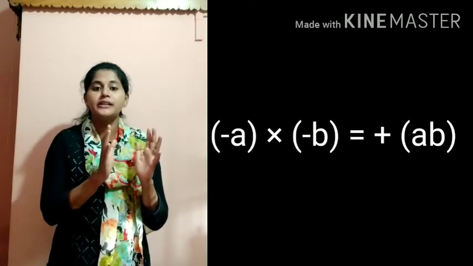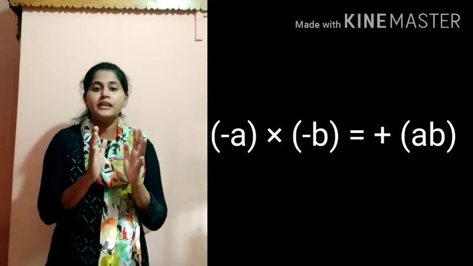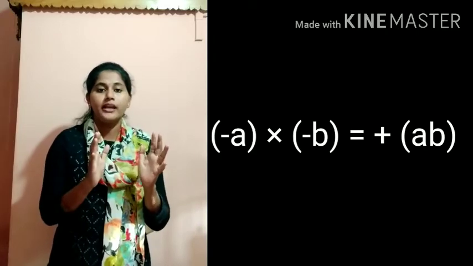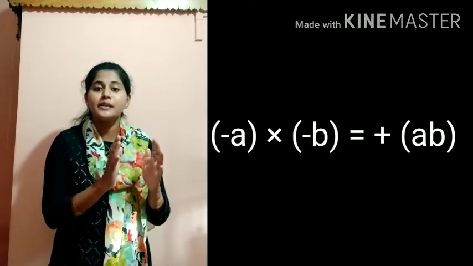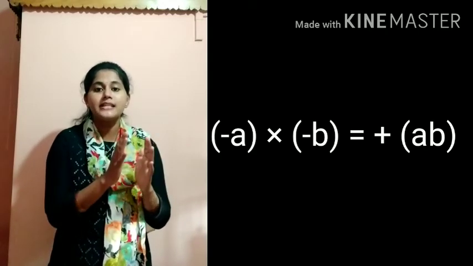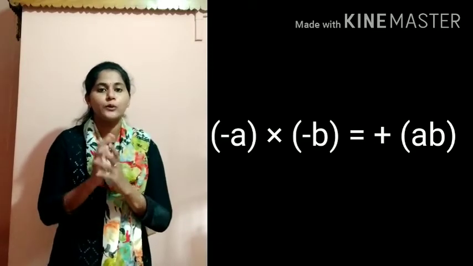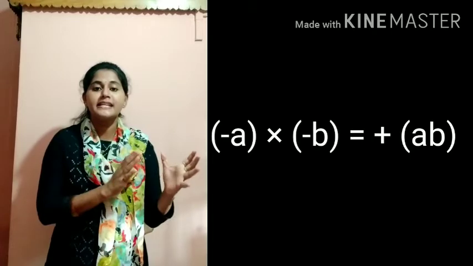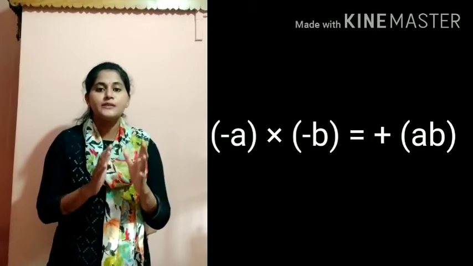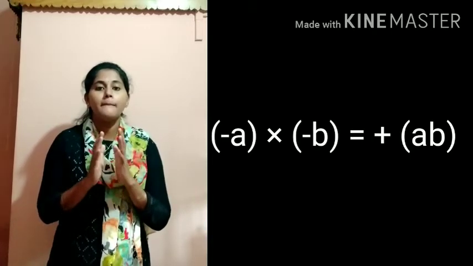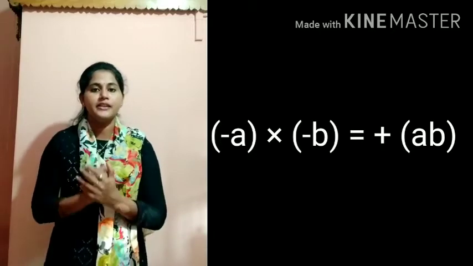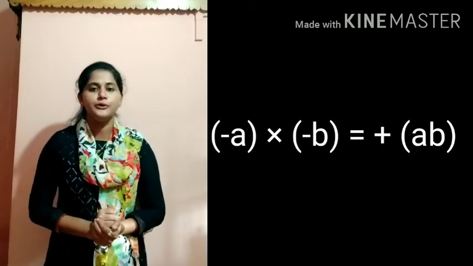Here we have to multiply a and b as a whole, then put which sign? Positive sign. Minus minus is positive only. So minus minus is plus only. Therefore minus a into minus b is equal to plus of ab. Plus of a into b.